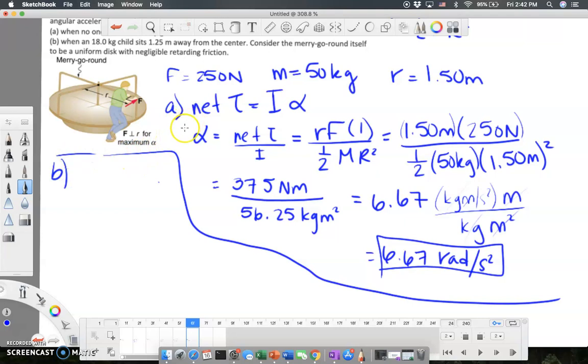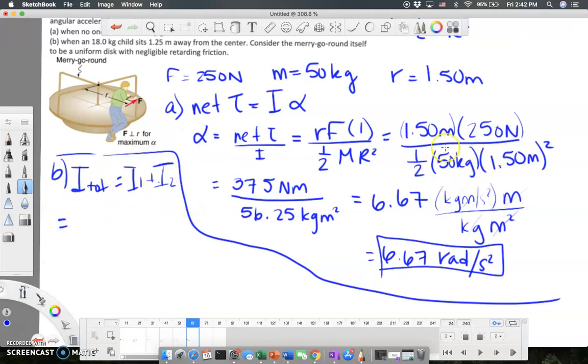The only thing that's going to change here is that our torque is going to be the same because our force is the same, and so is our radius where that force is being applied, but our inertia is going to be different. This is our first inertia, but we need a total inertia of the entire system. So that's going to be the first inertia that we just found, plus the inertia of the kid, we'll call that I2.